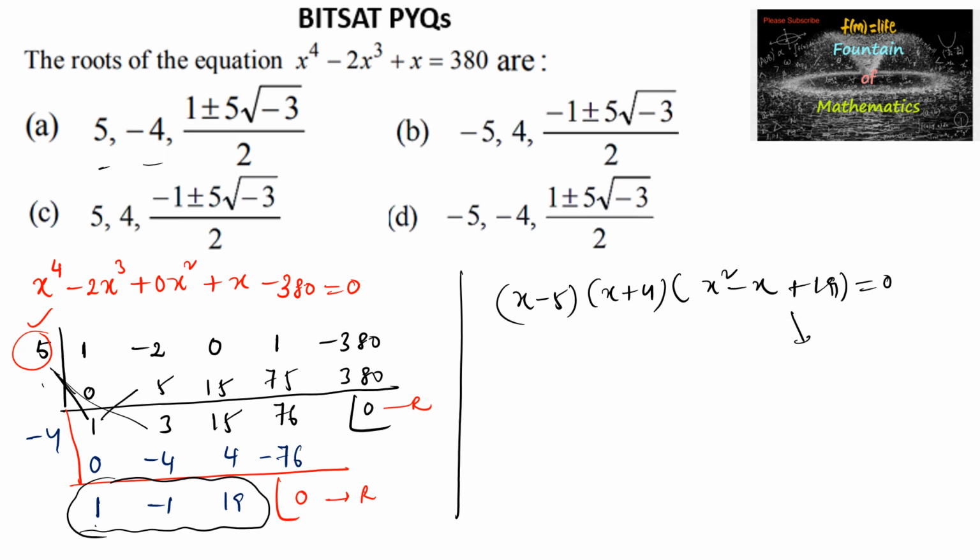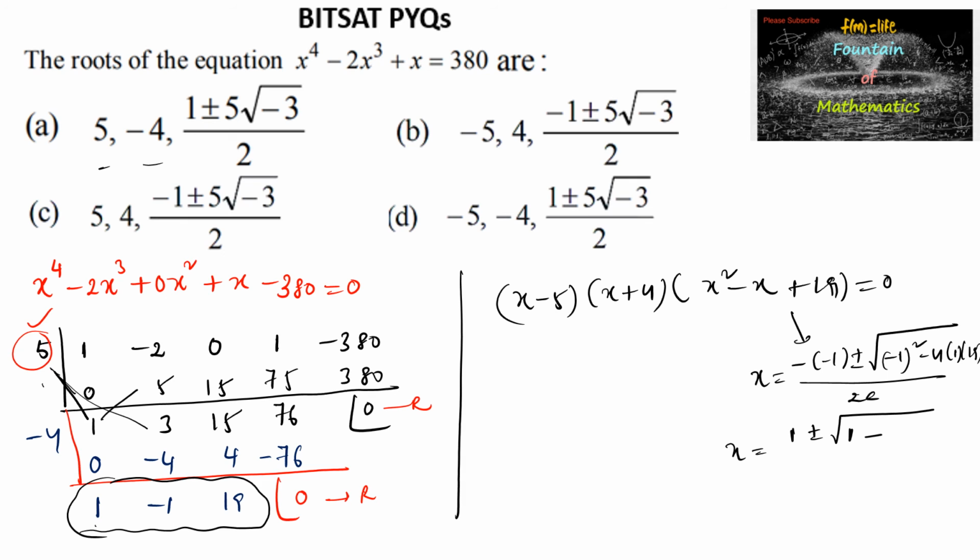So let us find the roots for this equation by taking the formula minus b plus or minus under root of b square minus 4 into 1 into 19 divided by 2a. So you'll get x is equal to 1 plus or minus under root of 1 minus 76, divided by 2 into 1.